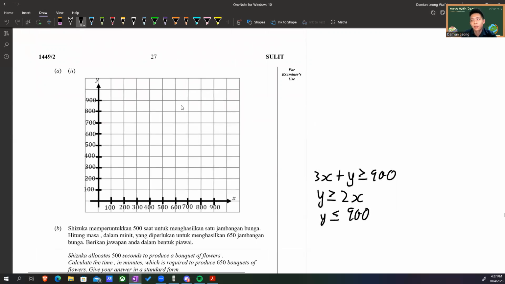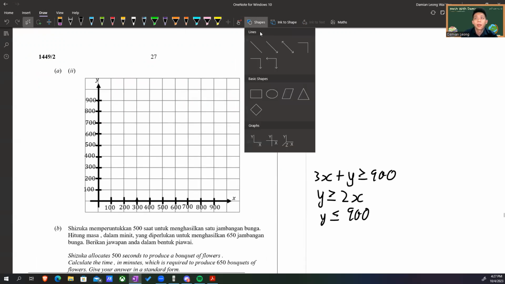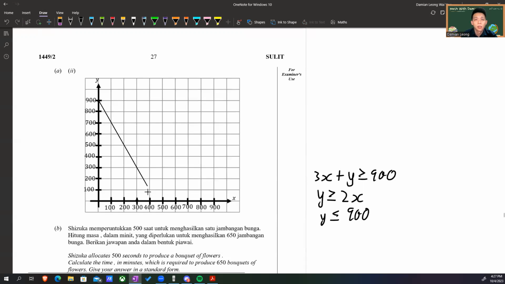So equals 900. If y is 0, divide 3, x is 300. Y is 0, x 300 here. X is 0, y is 900 here. So I have a straight line like this. Okay. 3x plus y equals 900.